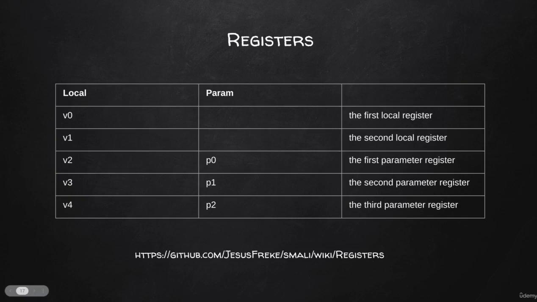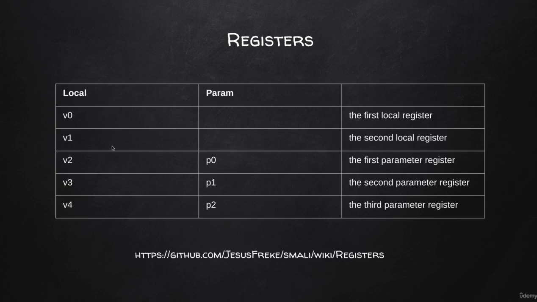Now there are 2 naming schemes for registers: the normal v naming scheme and the p naming scheme. The p naming scheme is for the parameter registers. The first register in the p naming scheme is the first parameter register in the method. So let's go back to the previous example of the method with 3 arguments and 5 total registers.